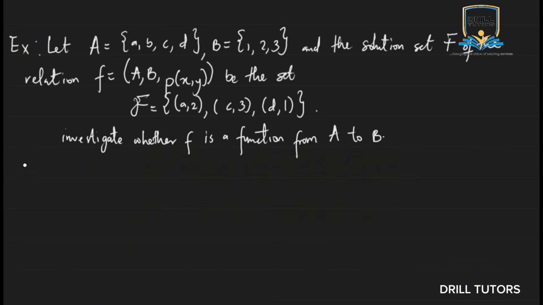Alright, welcome back. So let's solve the question. This is the domain and this is the codomain. And from these solution sets, we have that a has an image of 2. b is not even in the solution set, which means that b does not have an image. c has an image and d has an image.